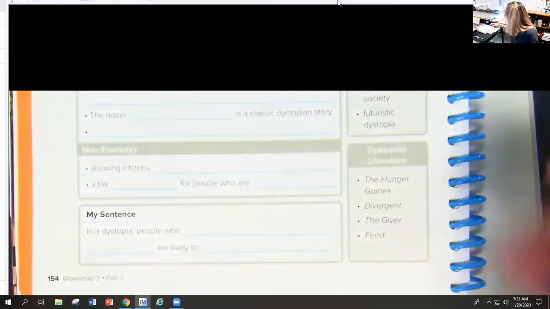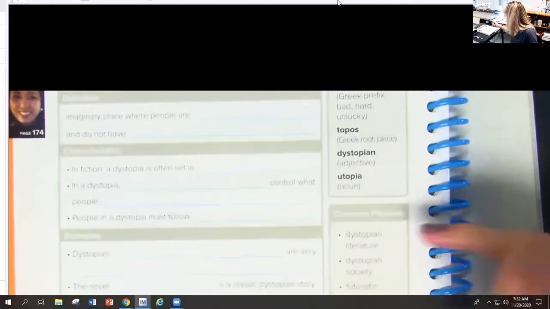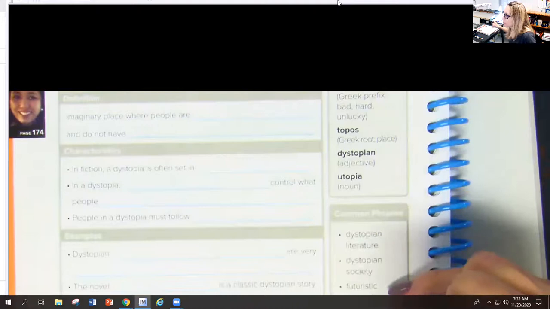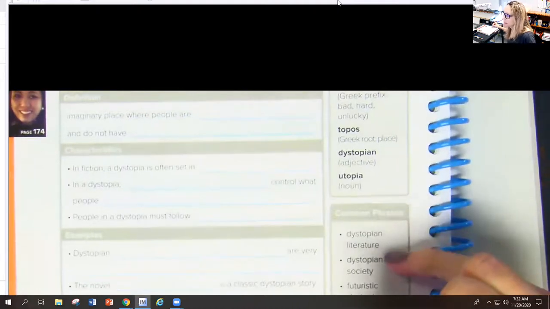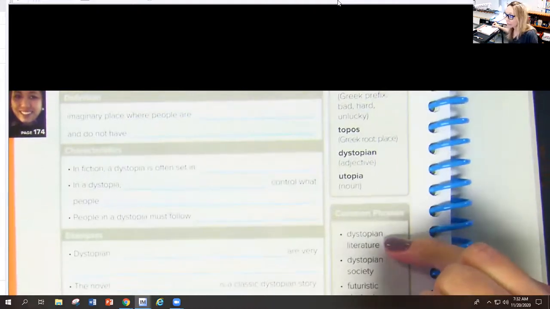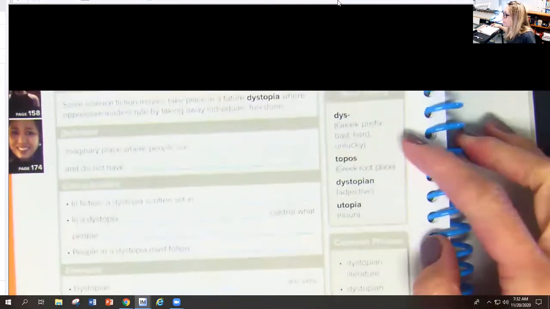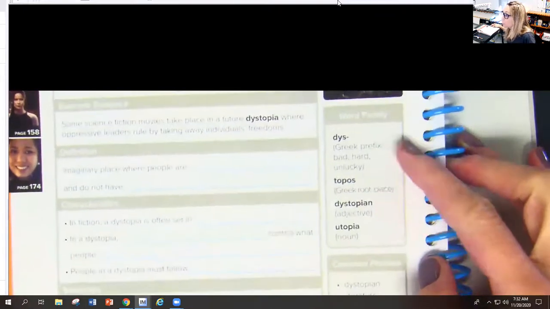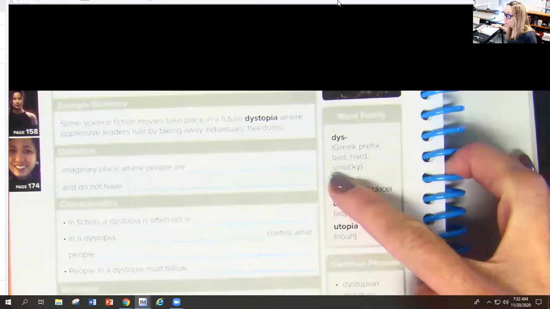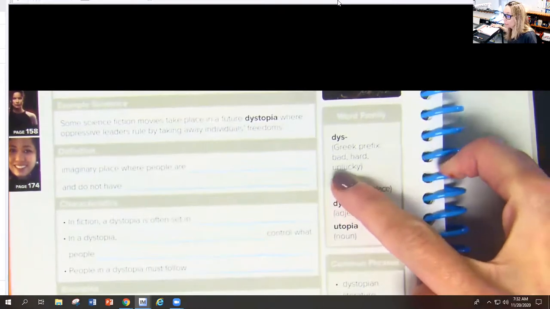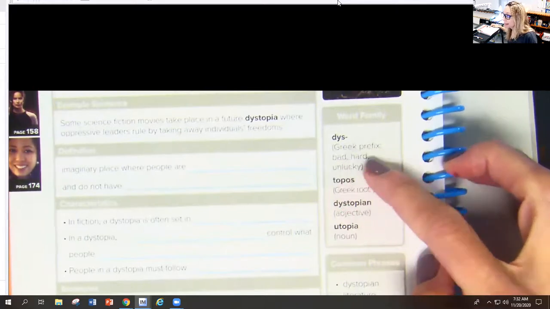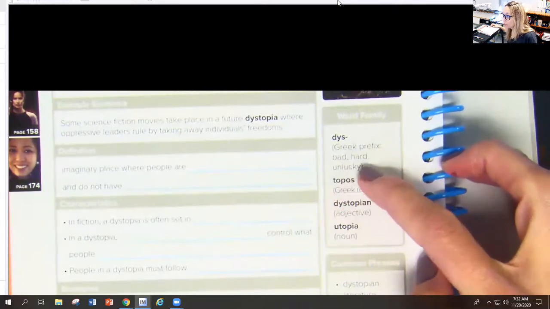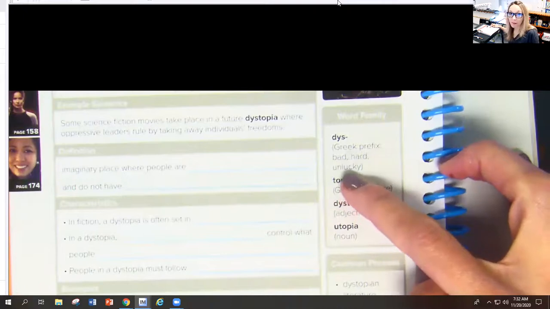And then your sentence. They also gave on the side just some common phrases that you would hear: futuristic dystopia, dystopian society, dystopian literature. And then, of course, word families. We've talked about this. If you know word families, then that helps you. DYS, dis, comes from Greek. That prefix means bad, hard, or unlucky.